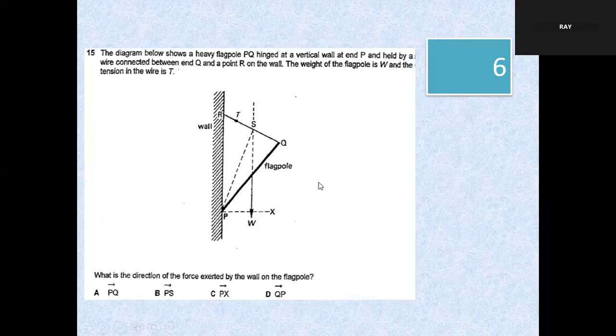The weight of the flagpole is W, and the tension in the wire is T. What is the direction of the force exerted by the wall on the flagpole? How to solve the question? They are very kind to you already. They give you all the answer already.